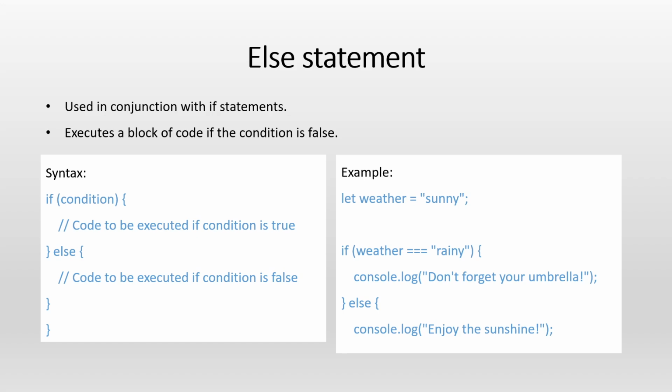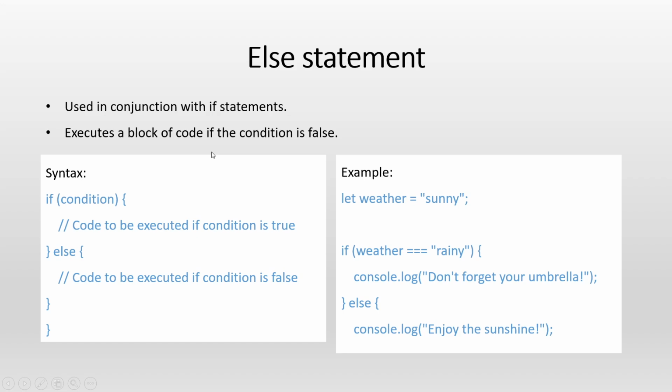To use this, we will be writing like this. First we write the if statement, and after that we write the else part. There is another point here: it executes a block of code if the condition is false.